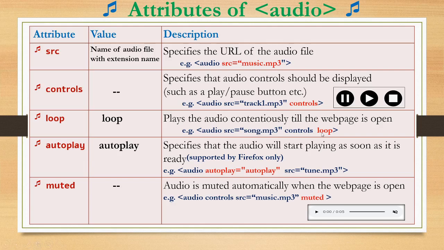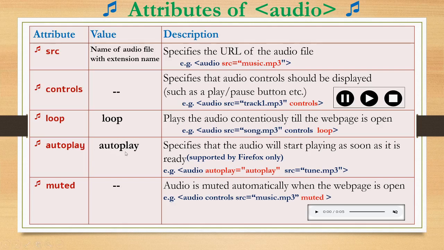If you give loop as an attribute, again this is also a single attribute without any value, a key attribute. So if you give loop, then this song.mp3 file will play continuously. If it ends, then it will restart and play continuously till that web page is open.